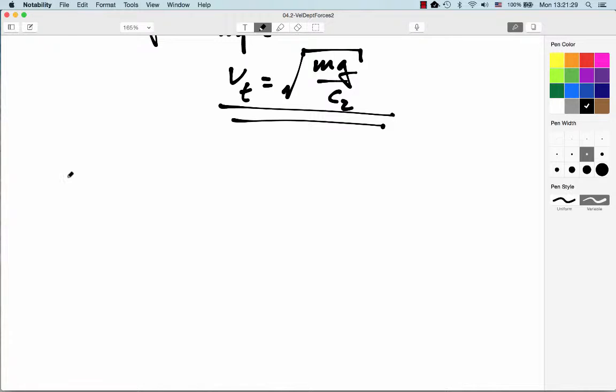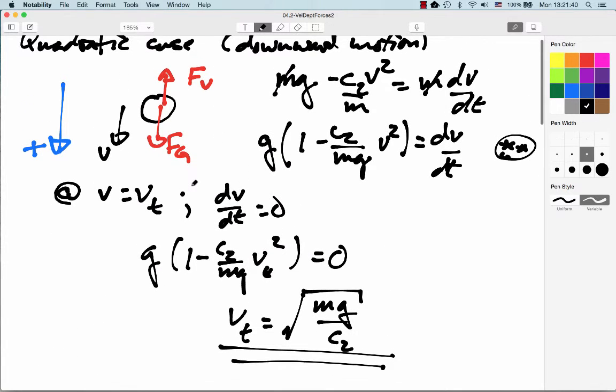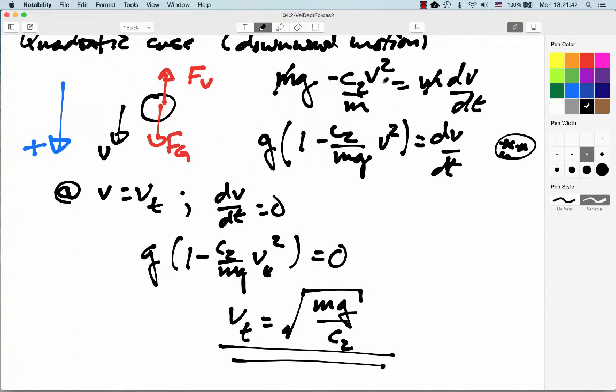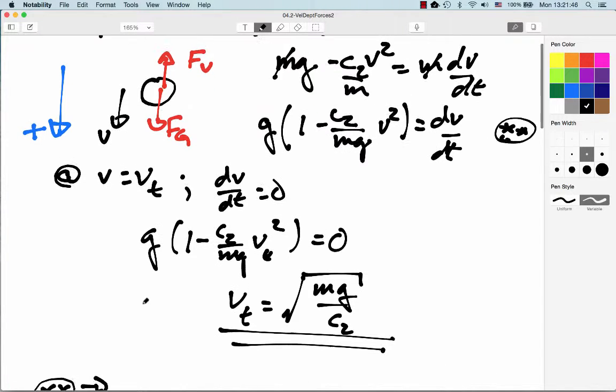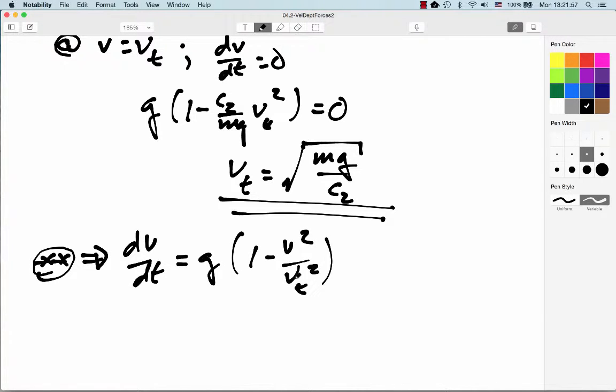So let's rearrange it. At the very least now, because we've got this expression for v terminal, we can take a look back at our equation of motion and realize that this becomes v squared over v terminal squared. So we'll write it like that. Alright, so dv/dt equals g times 1 minus v squared over v terminal squared.